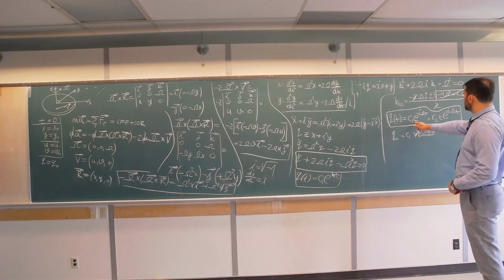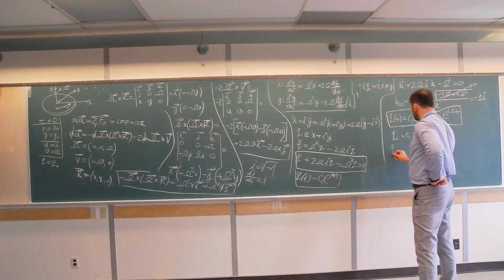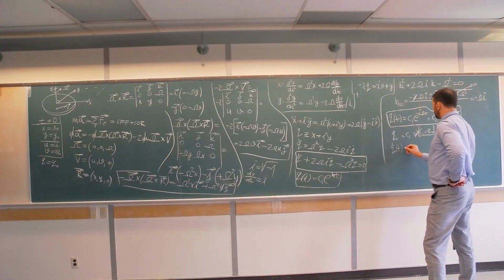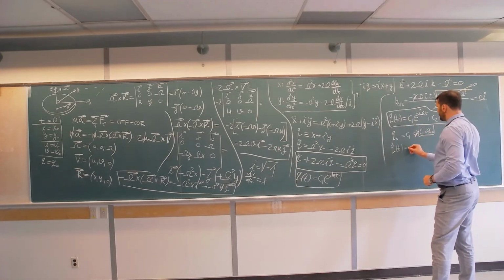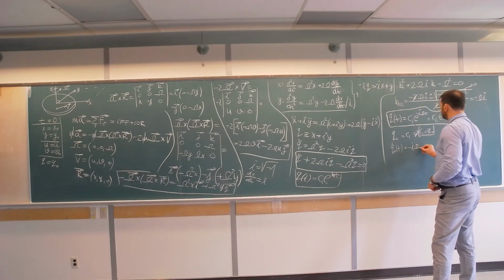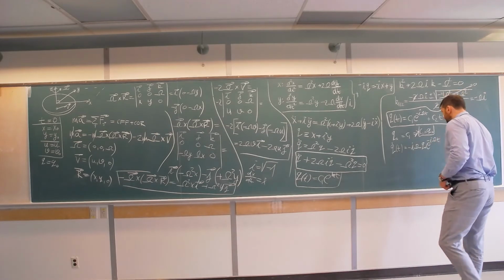So q dot as a function of time, so first derivative of this will be C1, but C1 is q naught. So it would be minus i omega q naught e to minus i omega t.